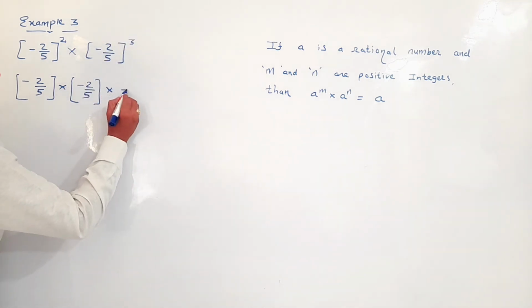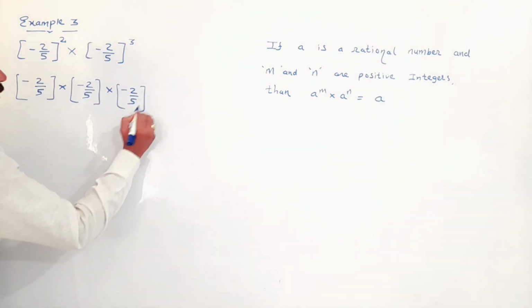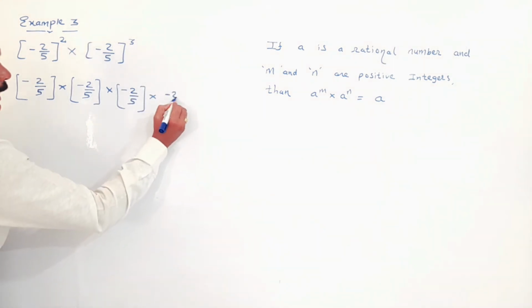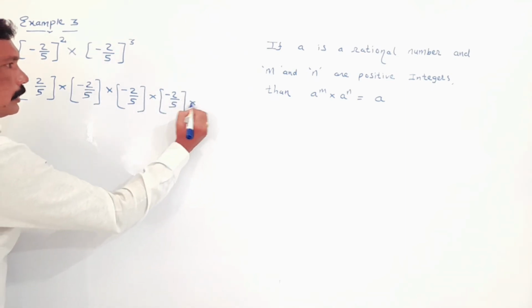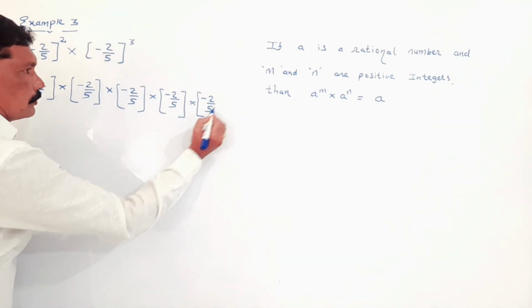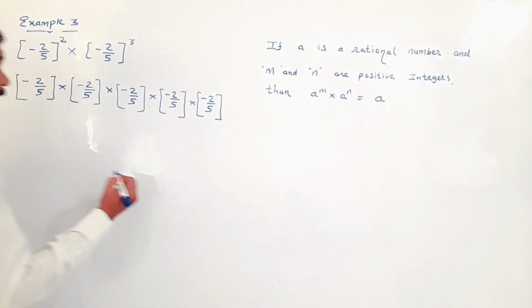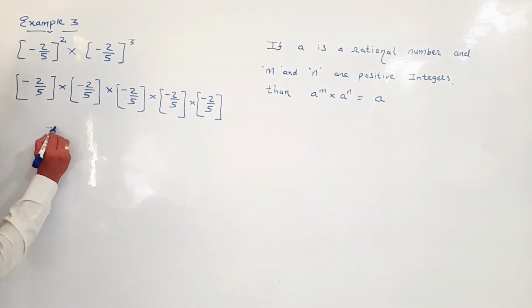So we can write minus 2 by 5 into minus 2 by 5 into minus 2 by 5. Now the base is multiplied again and again, and the base is minus 2 by 5.